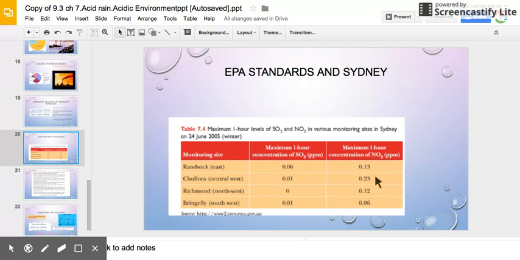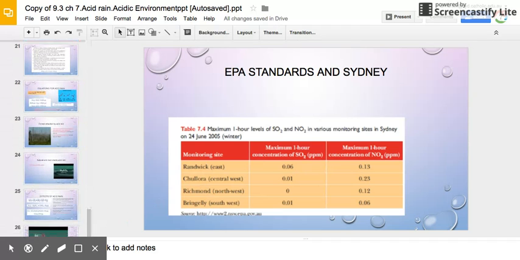Chullora, again, was 0.23 because it was close to the Hume Highway and the M5. Well, I think there's been a bigger spread of traffic everywhere now because of different motorways, so these regions would only be indicative.